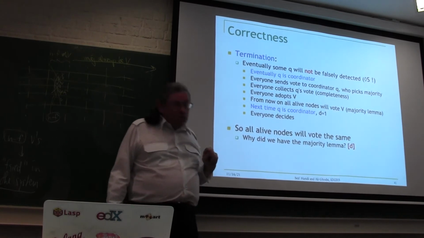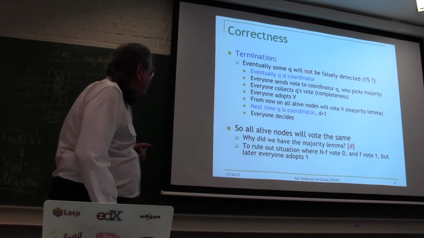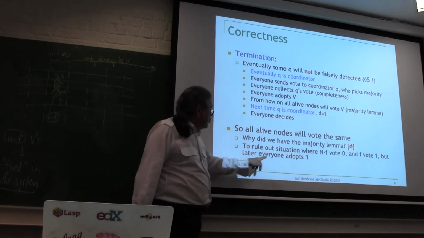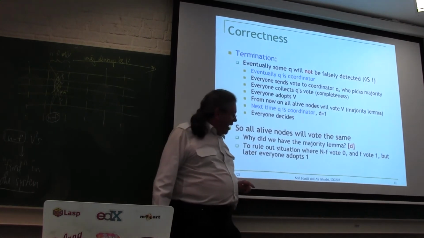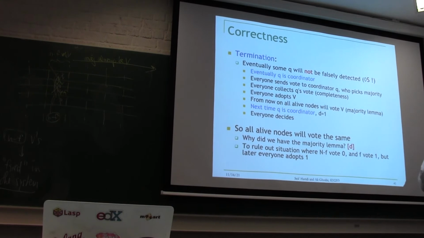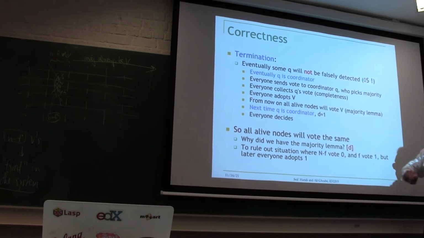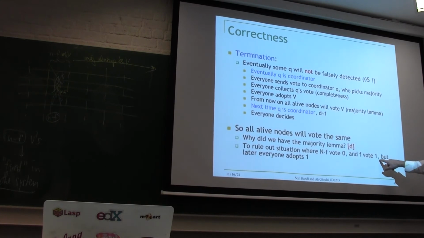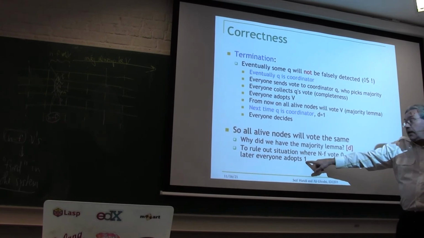So why do you have the majority lemma? You can summarize it another way. You could have n minus f voting 0 and f voting 1, and then you receive n minus f zeros and f ones, but you don't want that to give a 1, okay?